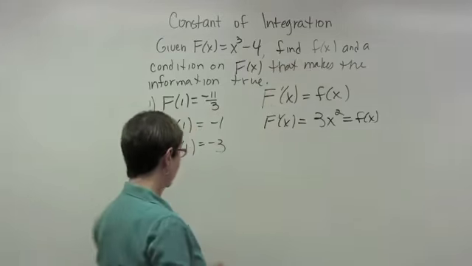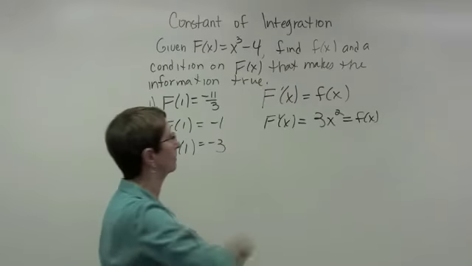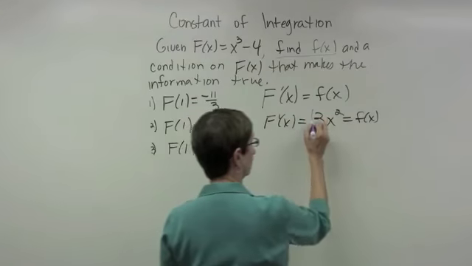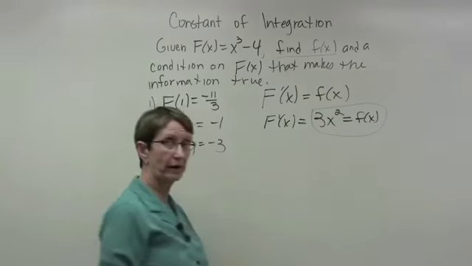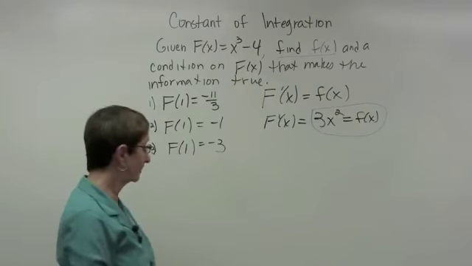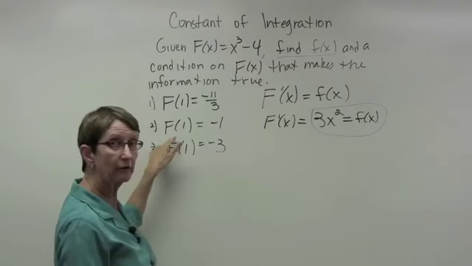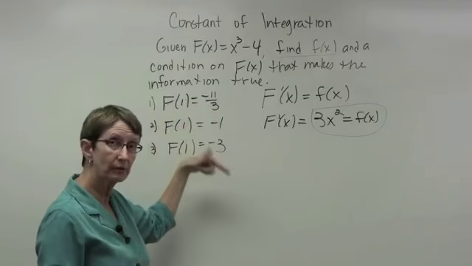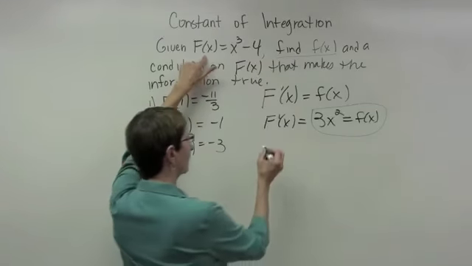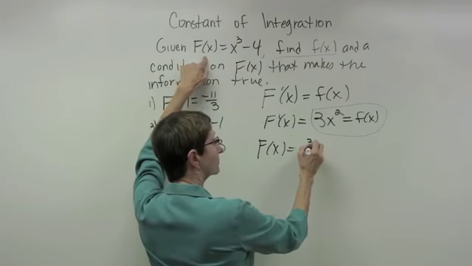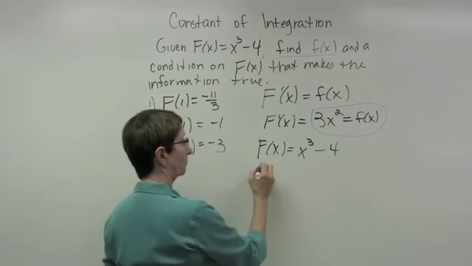So we have done this first part up here. We have found our f of x. f of x is 3x squared. Now we have to figure out which of these is correct. Well, this says capital F of 1 has one of these three answers. So we go to capital F. Capital F of x is x to the third minus 4.